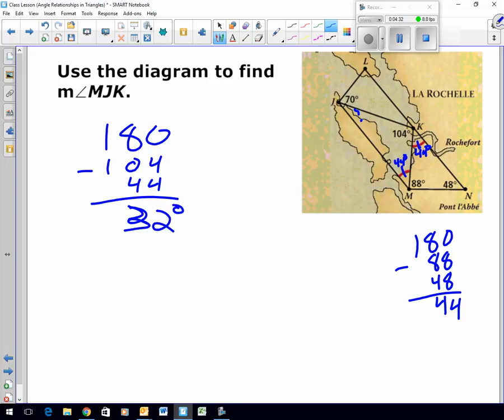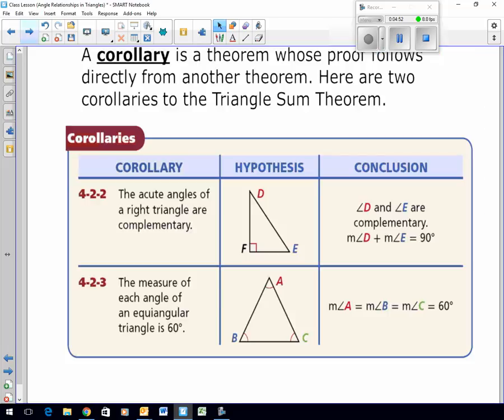Make me look bad. 32. So what we could do here is take all three of those angle measurements, subtract from 180, and we find all of them. See how easy that can be? Hopefully so.